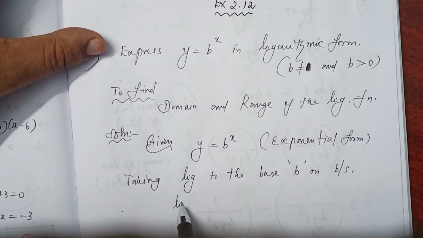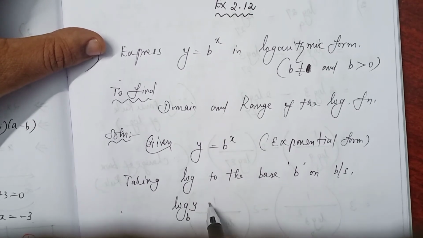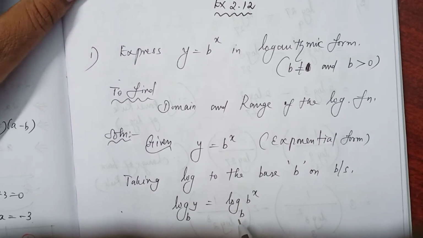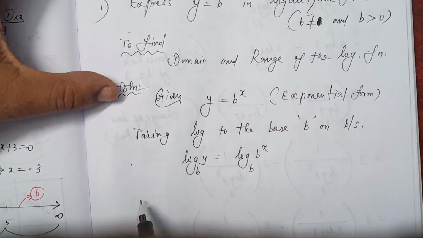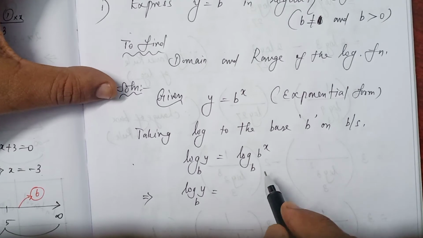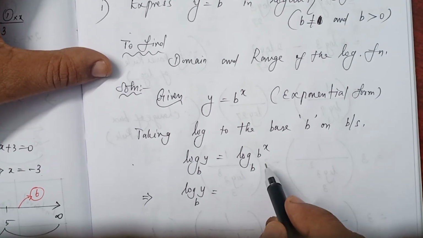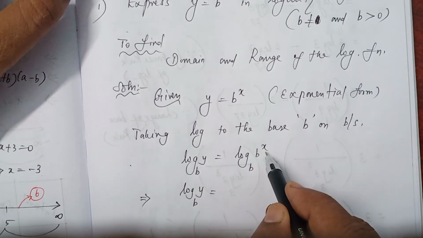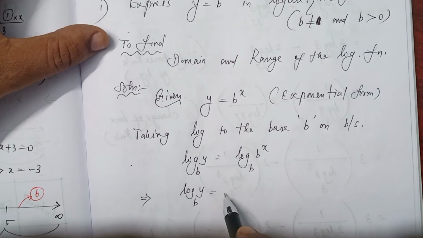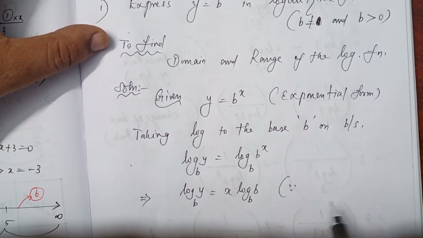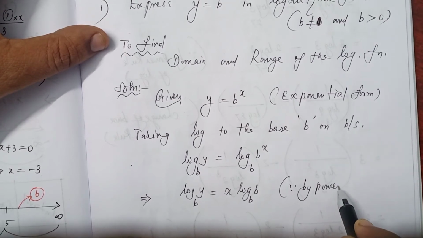So you'll be getting log y to the base b, then log b power x to the base b, which implies log y to the base b is equal to, there is a property, a rule in logarithm, power rule. Anything in the power should be brought before logarithm. So you'll be getting x log b to the base b, by power rule of logarithm.